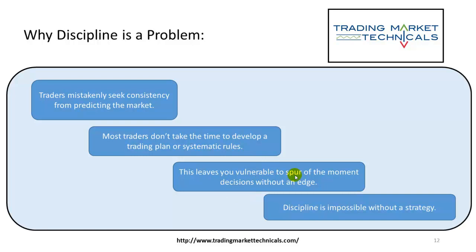It leaves you vulnerable to spur-of-the-moment decisions without an edge. Again, if you don't have a plan, you don't know really what you're doing. You're kind of guessing. You're kind of throwing darts at the market. Sometimes you'll be lucky and sometimes you won't. But you'll never have that edge. And when you don't have a plan, when you're not consistent, you lose your discipline. Period. There's no other way I can explain it.